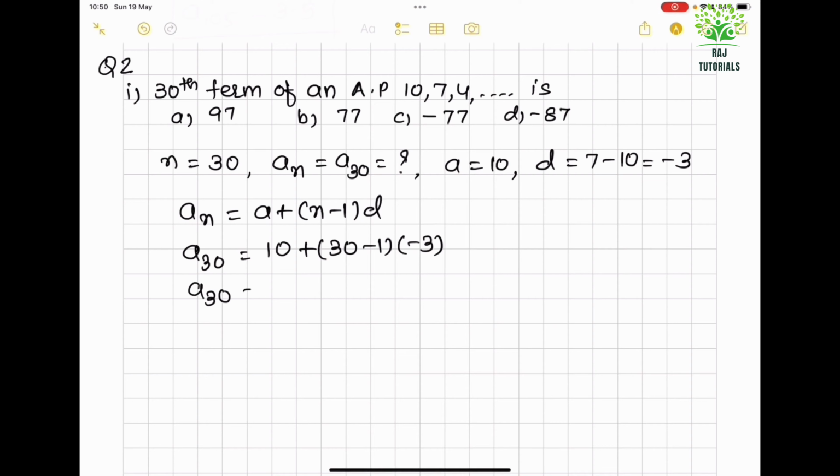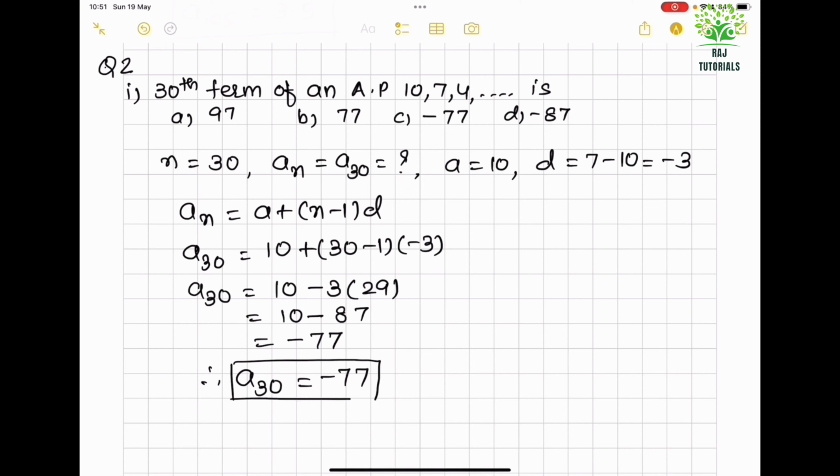So A30 will be 10 minus 3 into 29, 87. So 10 minus 87 will be minus 77. So therefore A30 will be minus 77, which is the correct option. So my correct option is C.